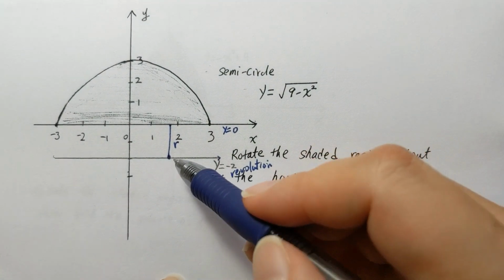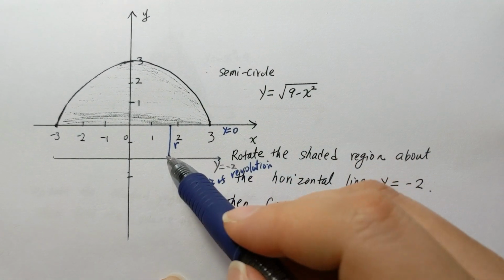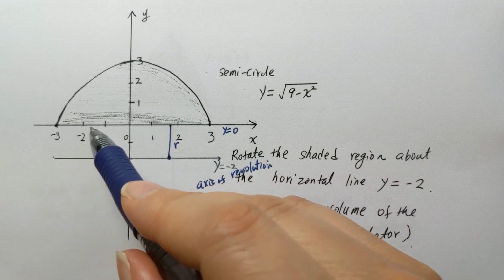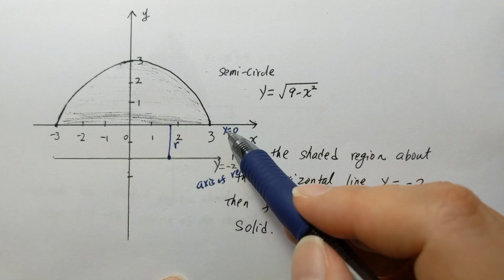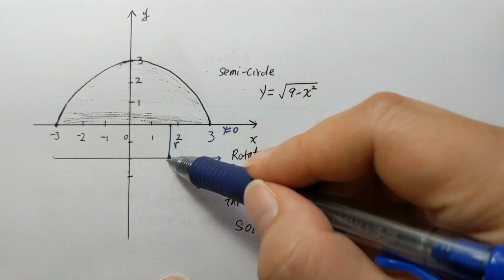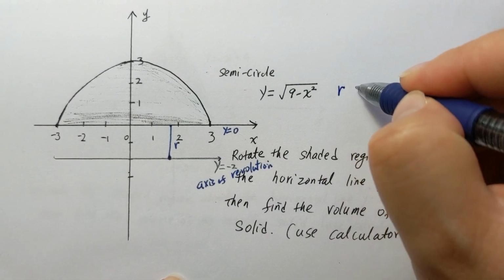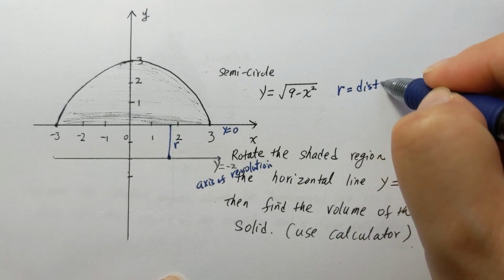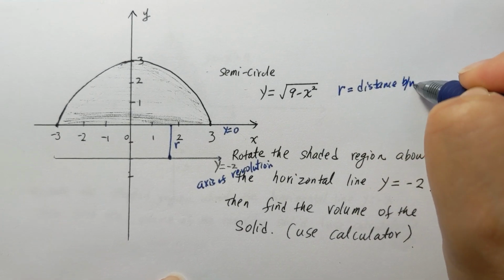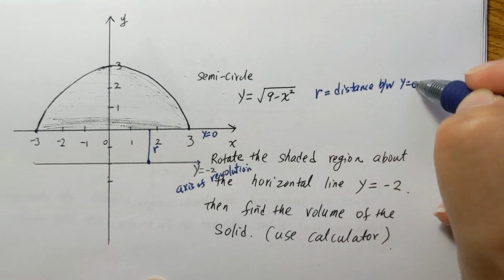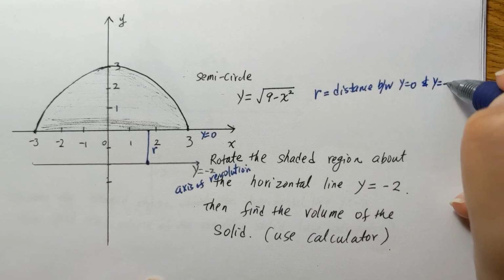So now we stop. From the axis of revolution to this line, y equals 0, you're going to bound the small radius. We say that the small radius is equal to the distance between y equal to 0 and y equal negative 2.